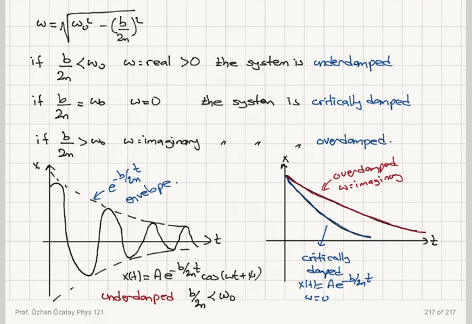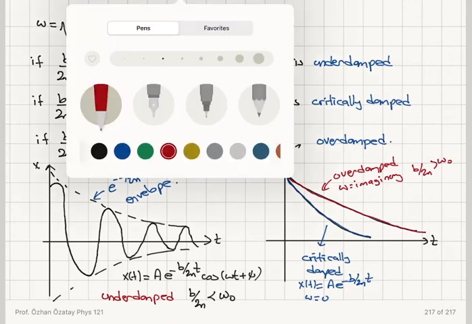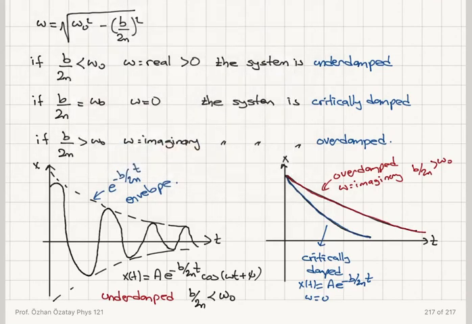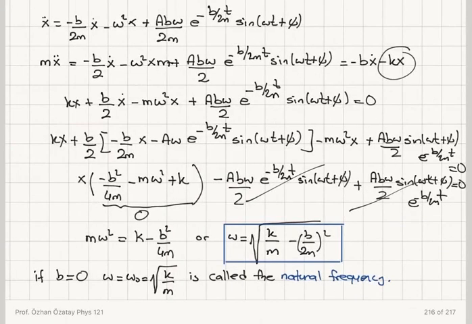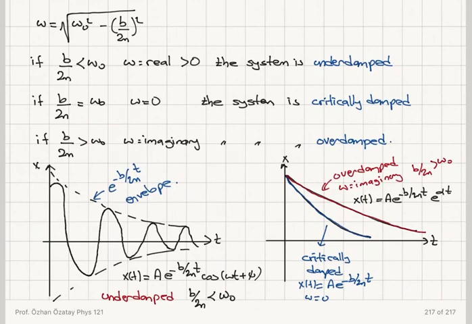You have b over 2m greater than omega 0, and the solution x of t is an exponential decay that has a e to the minus b over 2m t times e to the alpha t, so let's remember what the solution was here, and b e to the minus b over 2m t e to the minus alpha t.